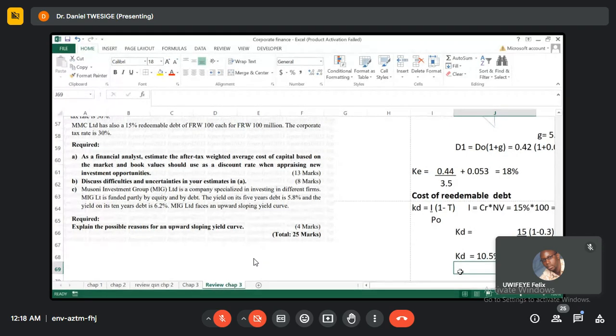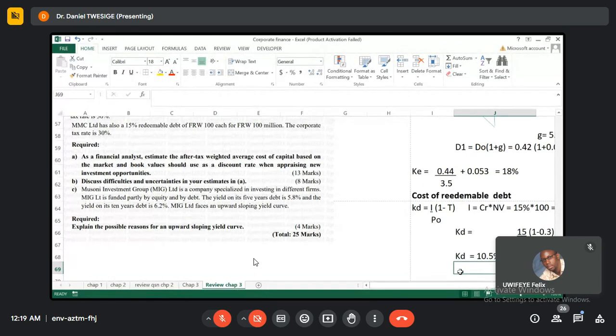The examiner wanted the students just to fail. But now you could as well calculate it in that way because there's no other way. That's why they are asking us the assumption we are making. The debt is not going to be redeemed.